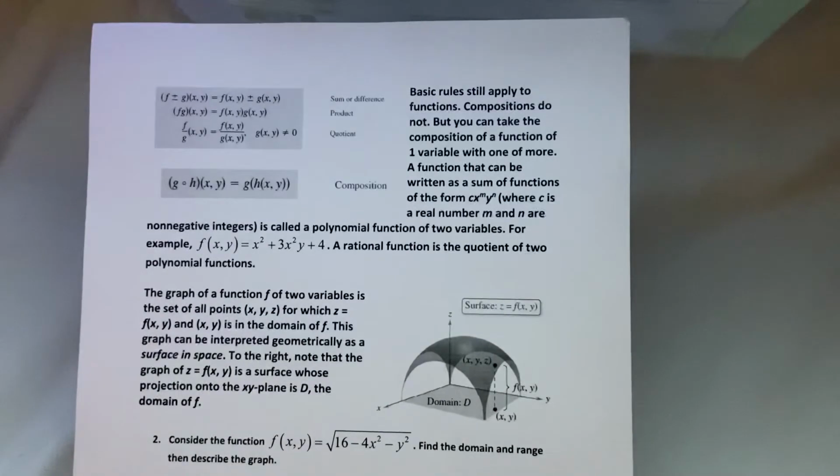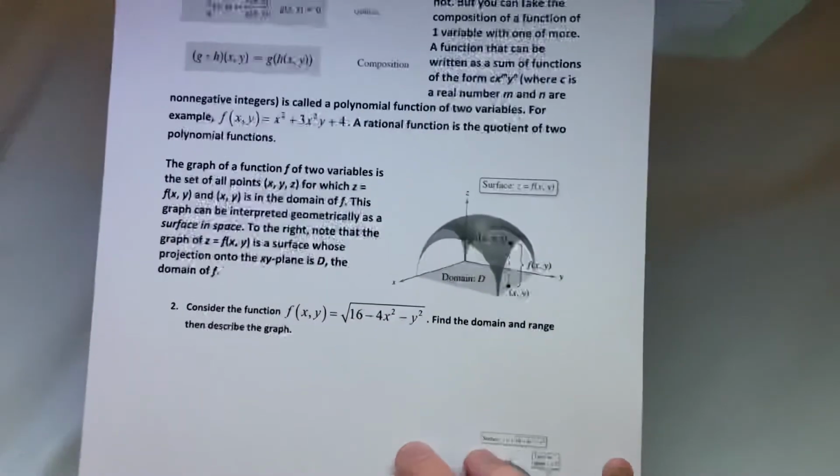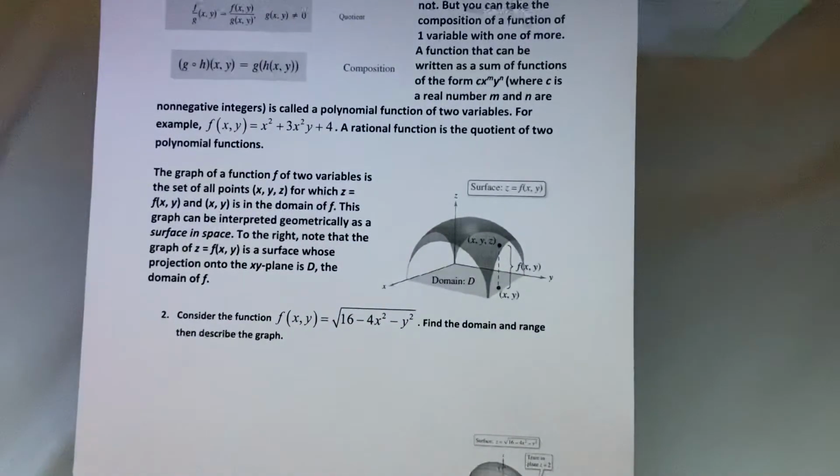Now, the graph of a function in two variables is a set of all points x, y, and z, which means it's three-dimensional. The graph can be interpreted geometrically as a surface in space. To the right, for example, this is a potential function. So you might be wondering what that function is. I'm not for sure, but it's not bad to do.